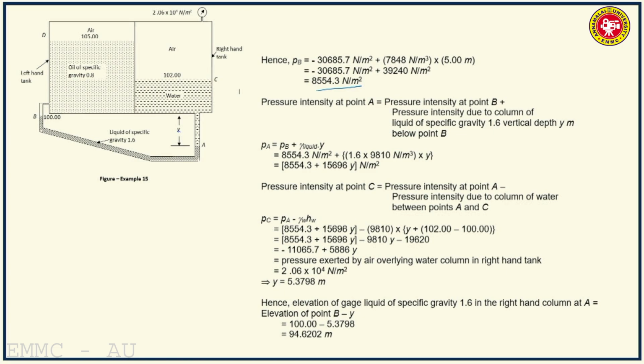Then pressure intensity at C will be, so you are going up from A to C, therefore the pressure drops. So it is PA, pressure intensity at A, minus the column of water from A to C. Express that as intensity of pressure, that is gamma W multiplied by HW, where HW is the column of water from A to C. So that will be minus 9810, specific weight of water, multiplied by Y plus 102 minus 100.